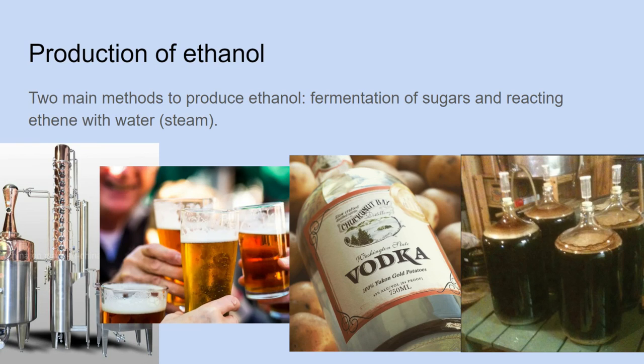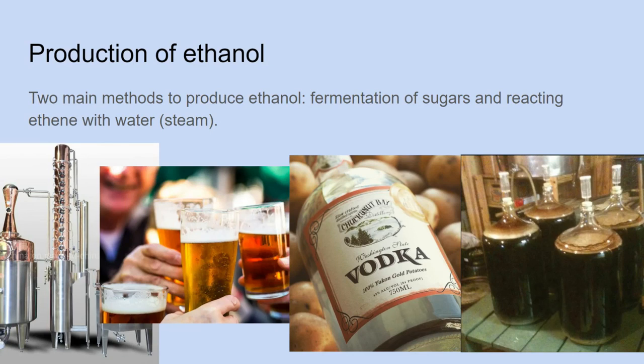So there's two main methods. We can ferment sugars and produce ethanol, or we can react ethene with water or steam to produce ethanol.